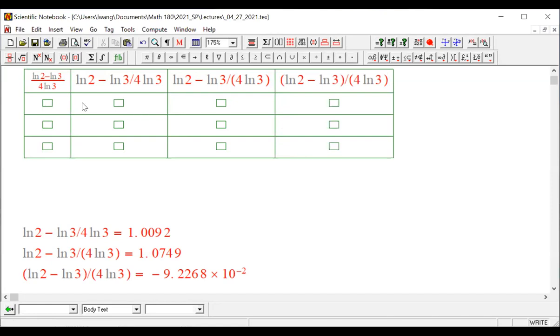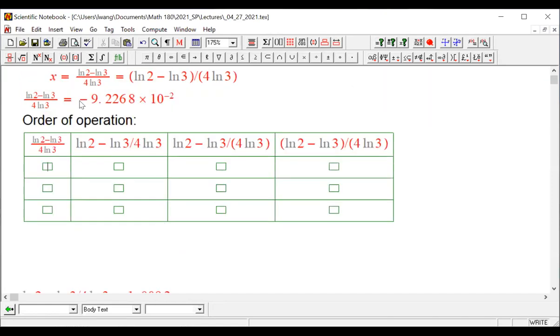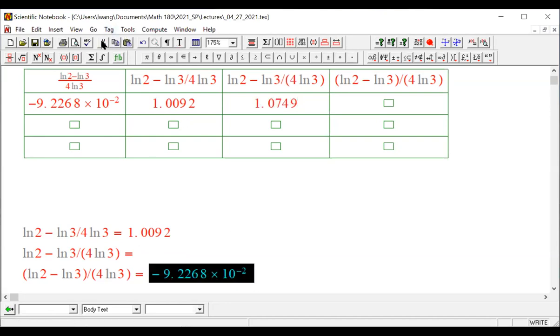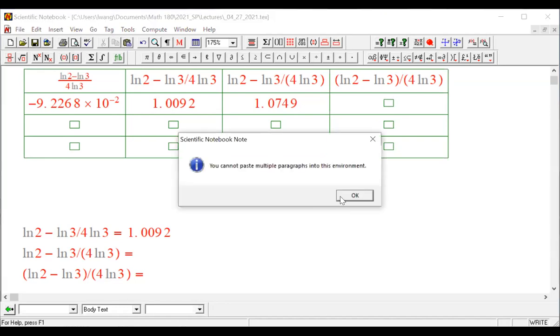Okay, the easiest way for us to check, if we know the numerical values are different, that already tells us something. The numerical values, that's the easiest thing to check. And we also have seen that the first one and the last one are the same.